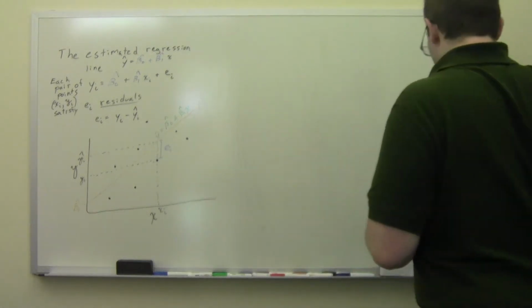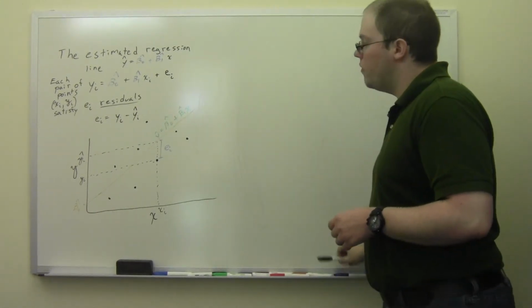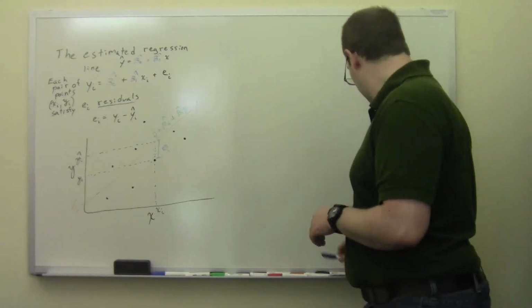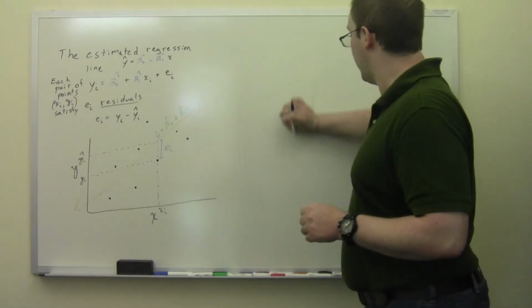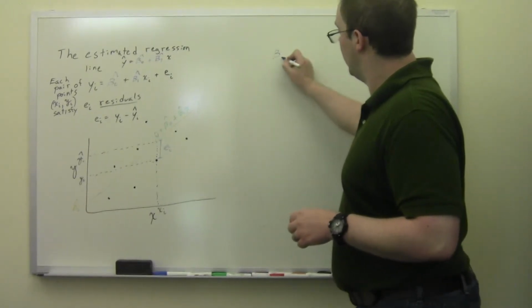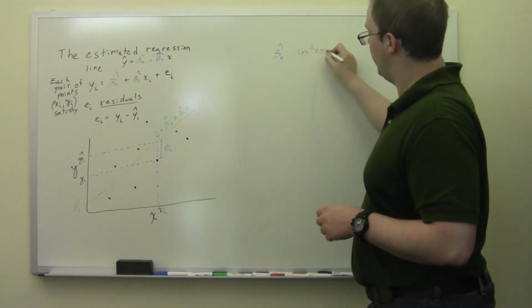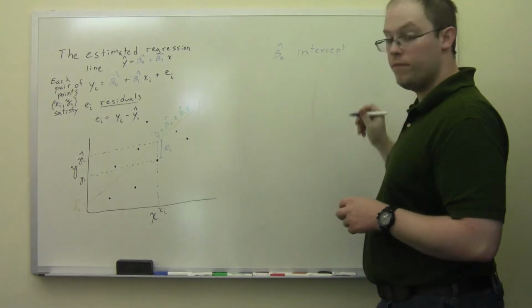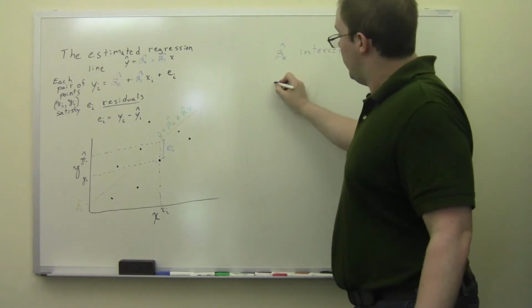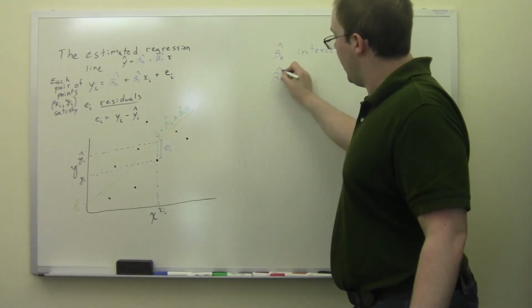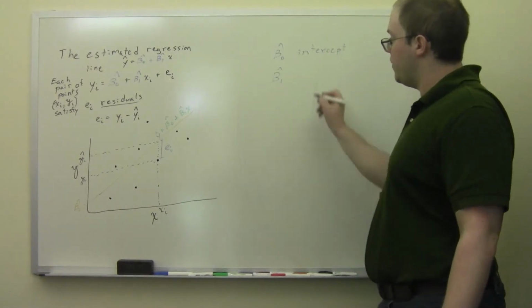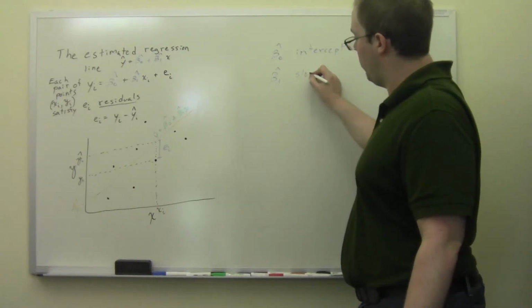So as I said already, this beta 0 hat is the intercept of this line, and this beta 1 hat is the slope.